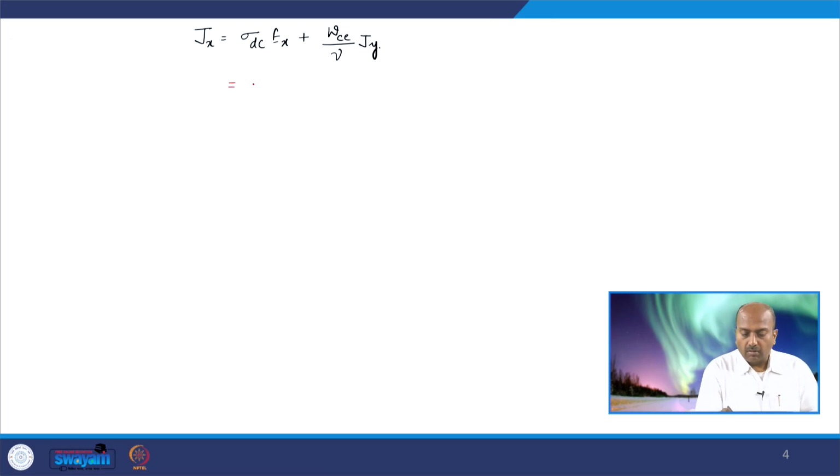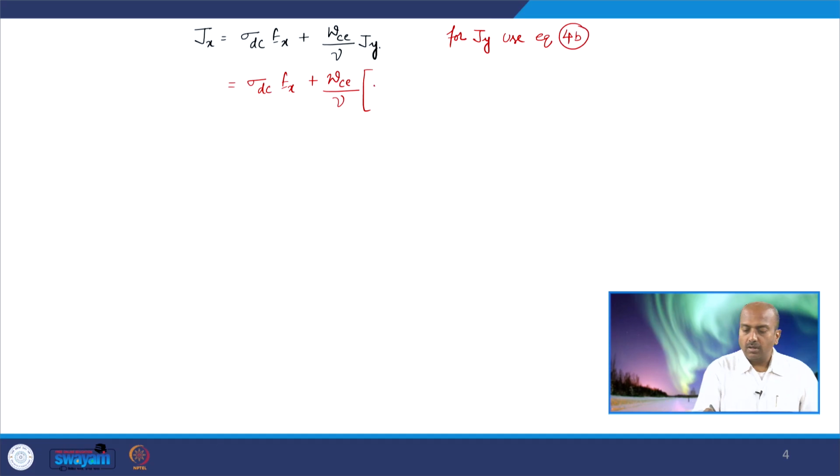So here it will be written as sigma dc times Ex plus omega Ce divided by nu. For Jy, I am going to use equation 4b.